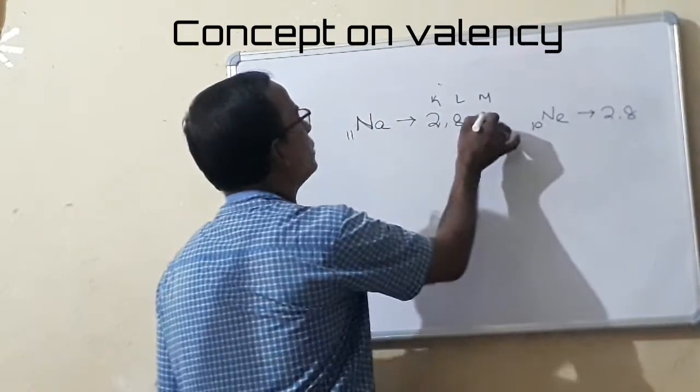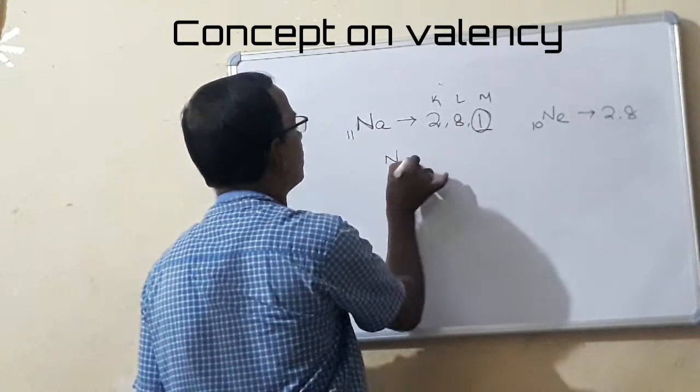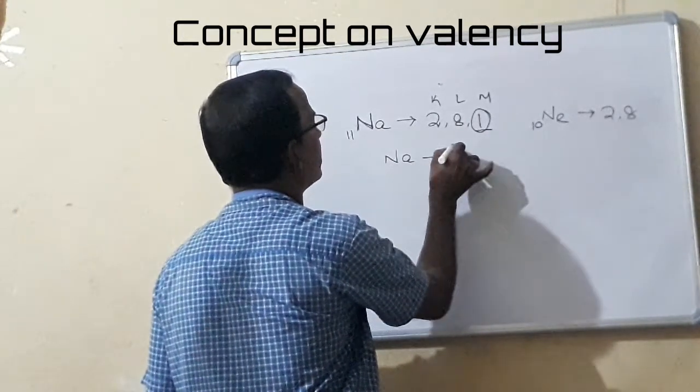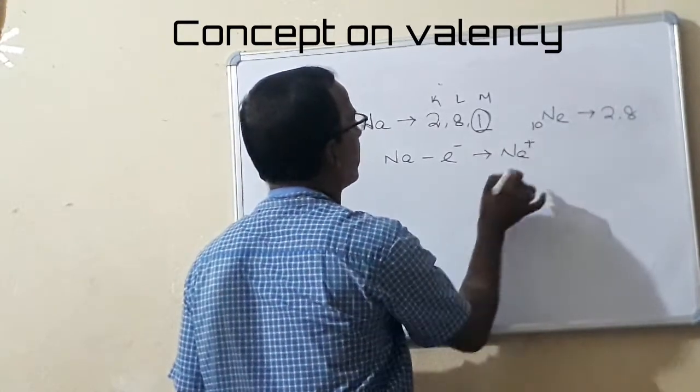So sodium has one excess electron. It will donate this electron, forming Na plus, a cation.